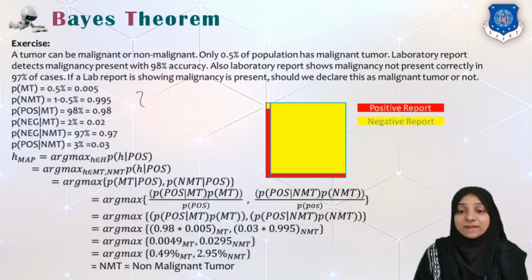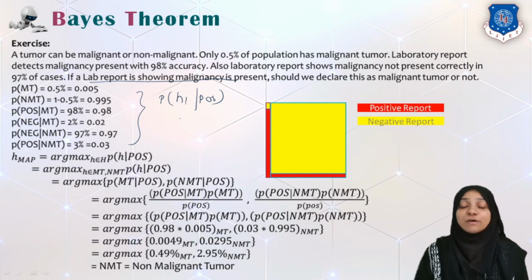We have these values, okay? Now, the question is, given that the lab report is showing malignancy, that means in a test we know it is a positive result, what is the probability that it is of malignant type and what is the probability it is of non-malignant type? So this is malignant tumor and this is non-malignant tumor, NM.